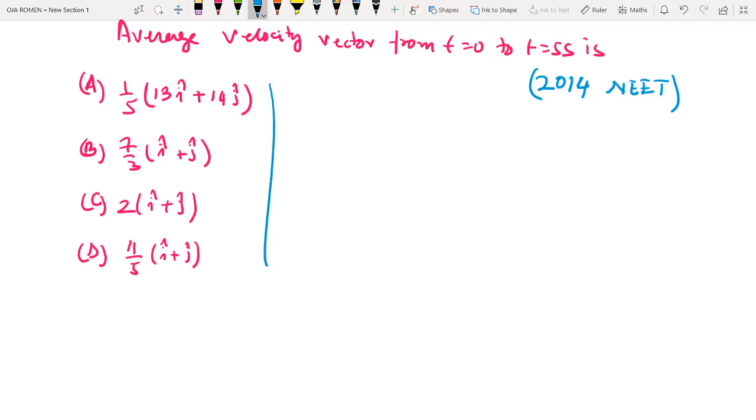Now at t equal to 0, the position vector is 2i plus 3j meter.